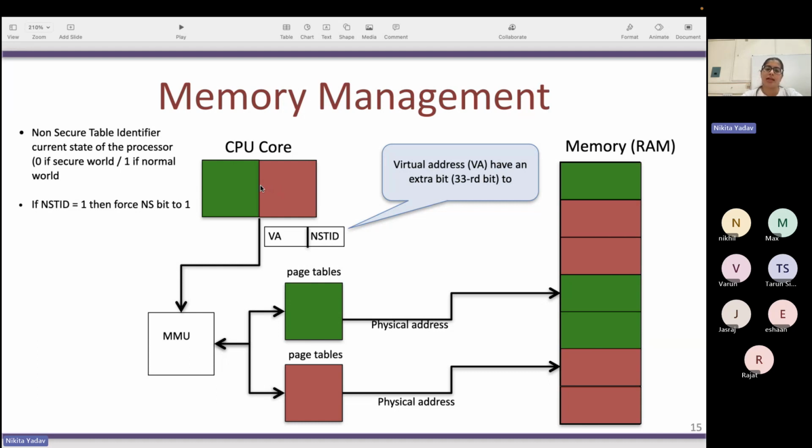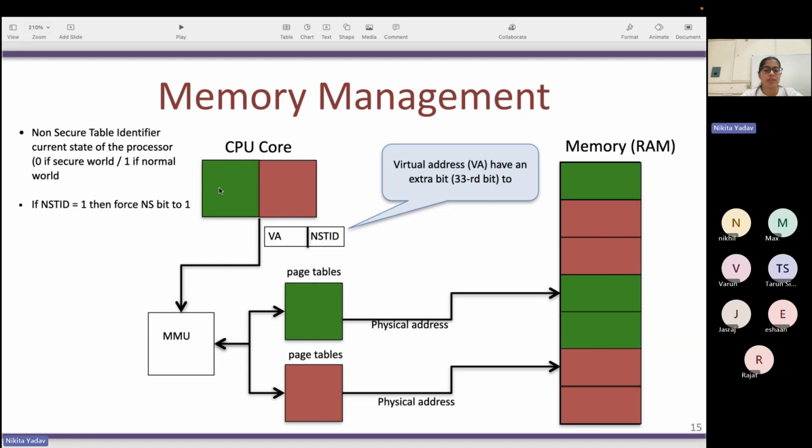The process has that because of memory virtualization, okay? So that virtual address is passed to the MMU along with the NS bit value, and it is passed here as the extra 33rd bit along with the VA address. So assuming that the VA is 32 bits, I mean the virtual address is 32 bits, you pass one more bit of information, which is the NS bit value, indicating whether your processor is running in the normal world or the secure world.